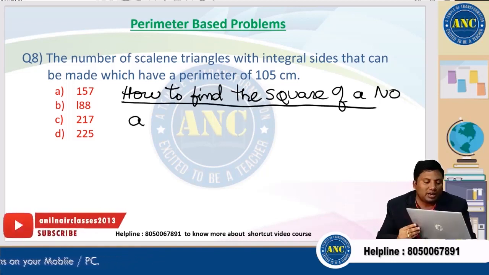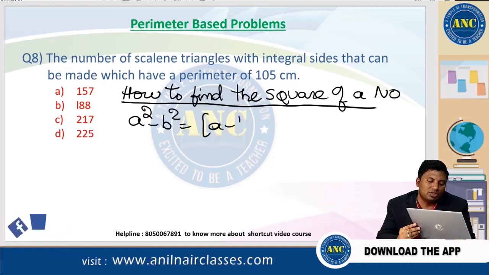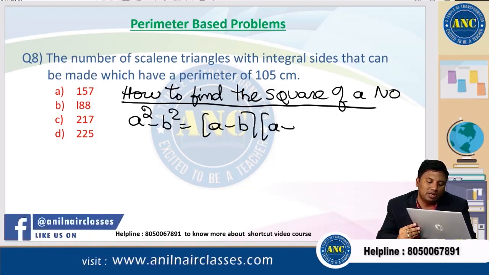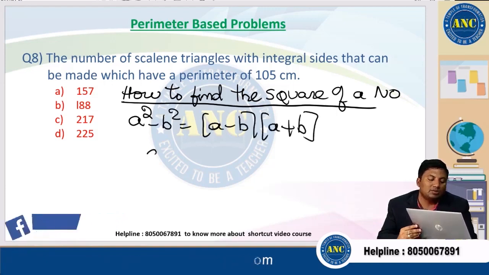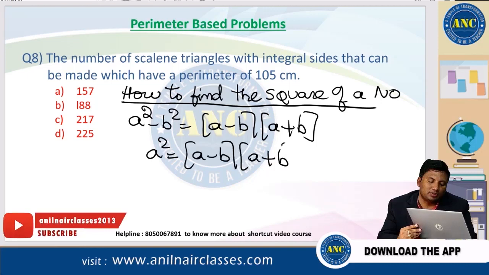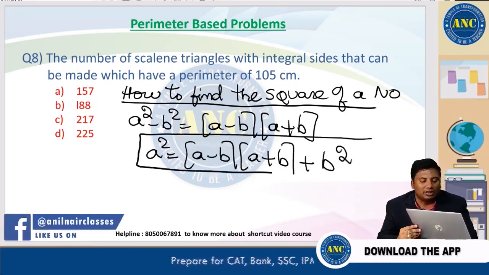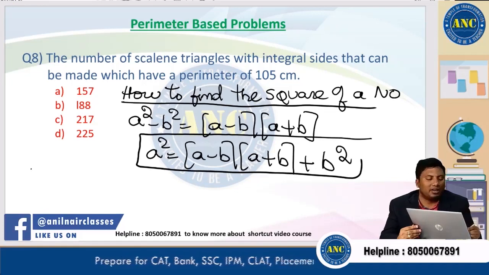To find the square of a number, we use a square minus b square, which is a minus b into a plus b. Minus b square, if it comes to the right hand side, this will be a minus b into a plus b, plus b square. This is another beautiful concept used to find the square of a number.